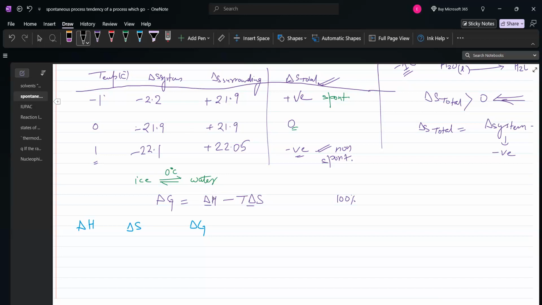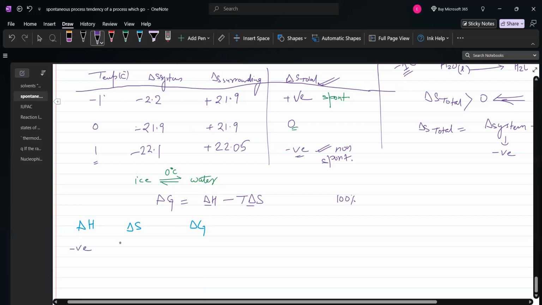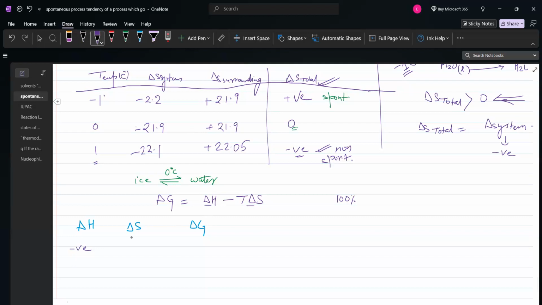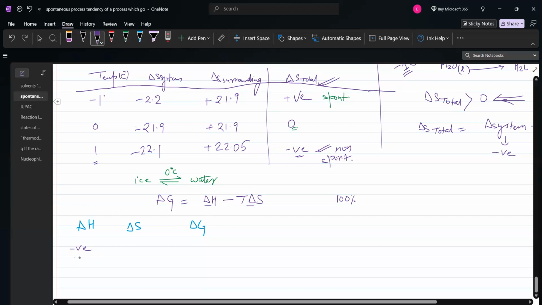So let's proceed. Let's take, for example, delta H as negative. Delta H negative is a favorable condition, right? This is an exothermic reaction. Got my point? Have you copied this?